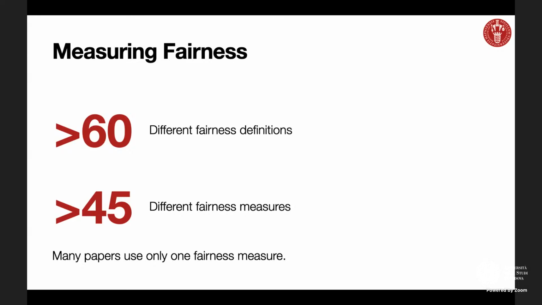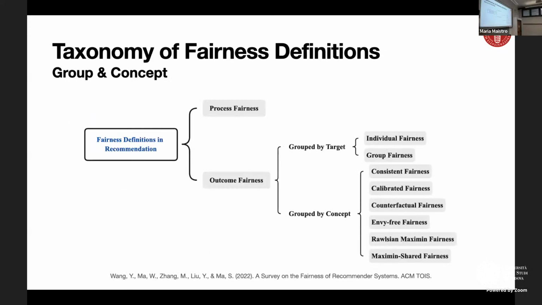What we have out there is around 60 different definitions of fairness for rankings that resulted in more than 45 definitions of measures for them. And many papers actually use only one measure. So one of the problems is how you choose, among all these measures, which one to use. And there are many taxonomies out there about fairness definitions.